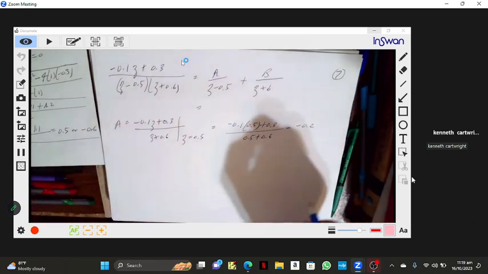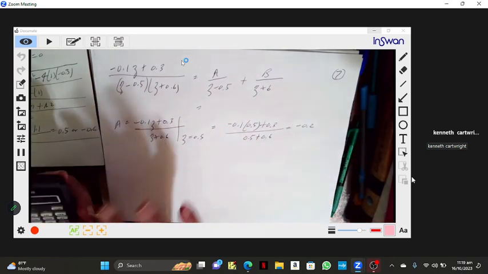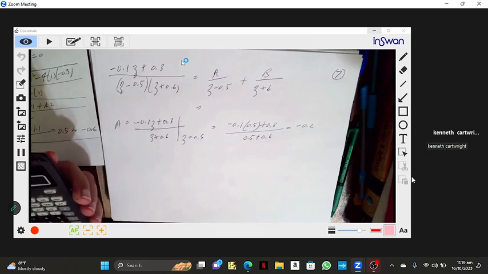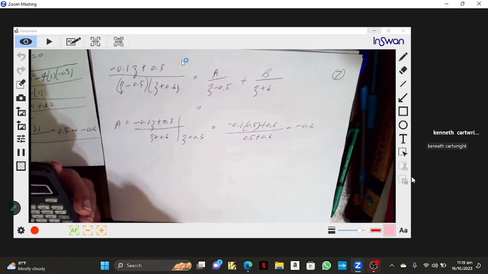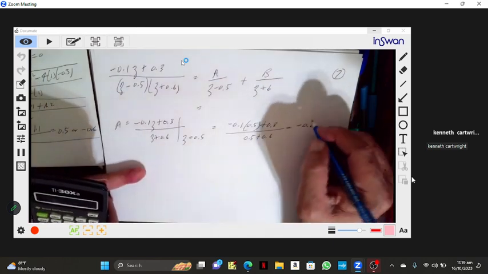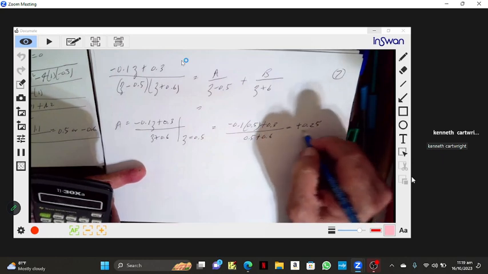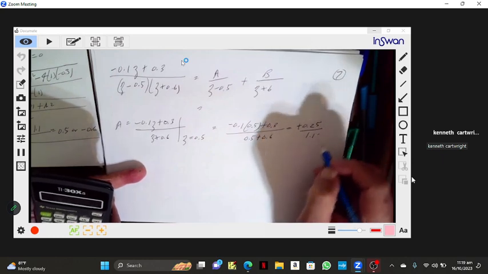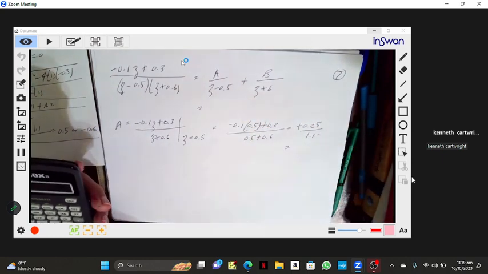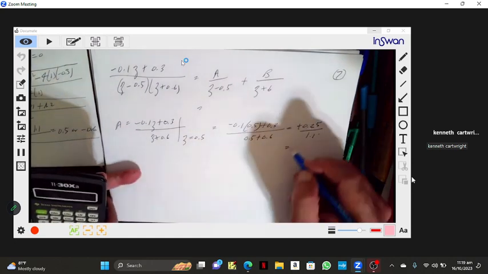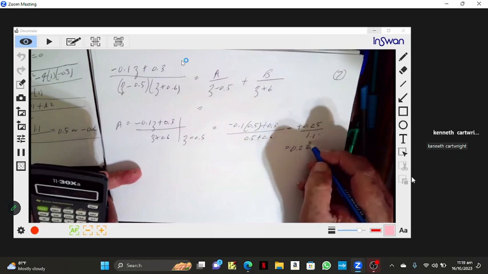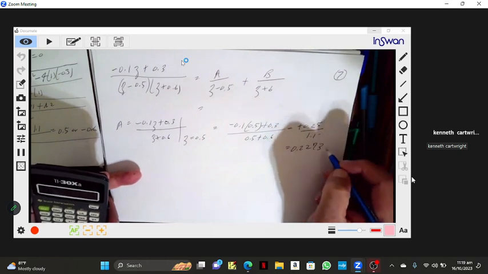Oh no, that's wrong. The numerator is wrong. Five, 1.1. 0.2273.